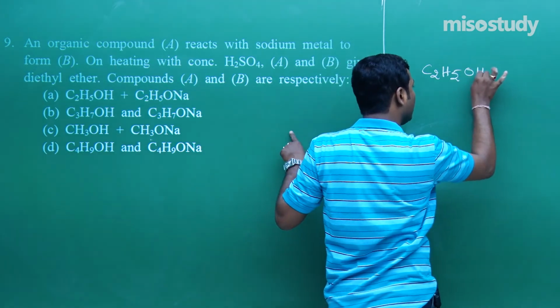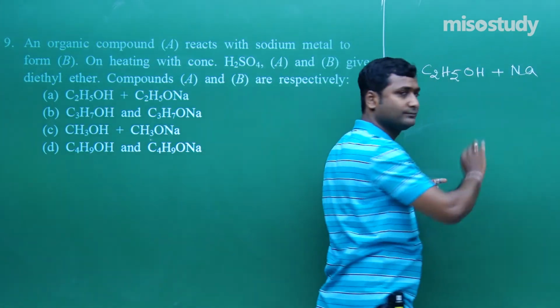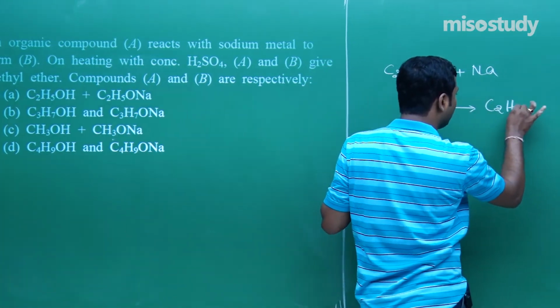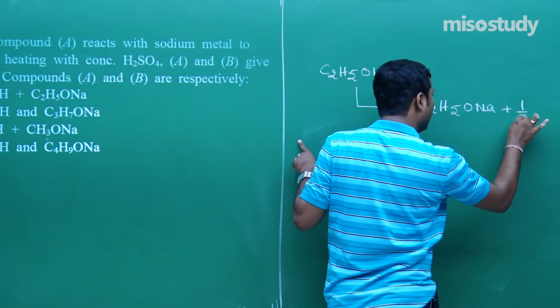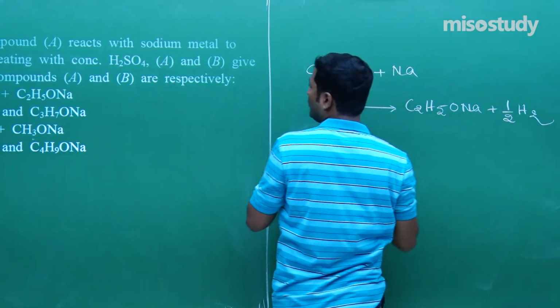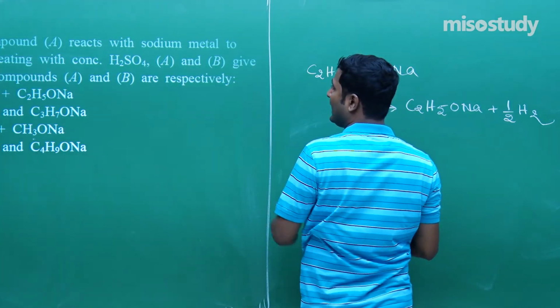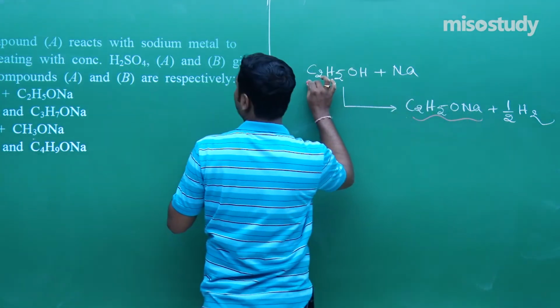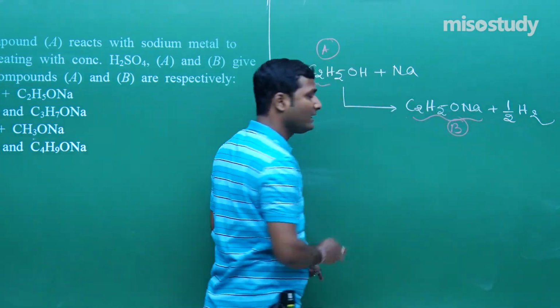C2H5OH, yes sir, on treatment with sodium metal, that is Na, it gives you C2H5ONa plus half H2. Is it clear to you? Now, on heating with concentrated H2SO4, A and B give diethyl ether. This one is A and this one is B. Clear?